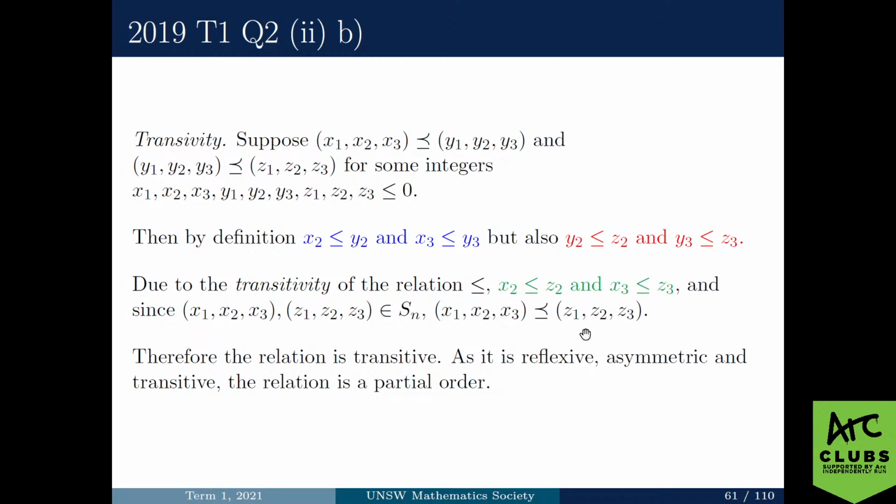And so if we go back to our definition of the relationship between two tuples, we can conclude that x1, x2, x3 is related to z1, z2, z3. And so now that we've proved that it's reflexive, asymmetric, and transitive, the relation is in fact a partial order.